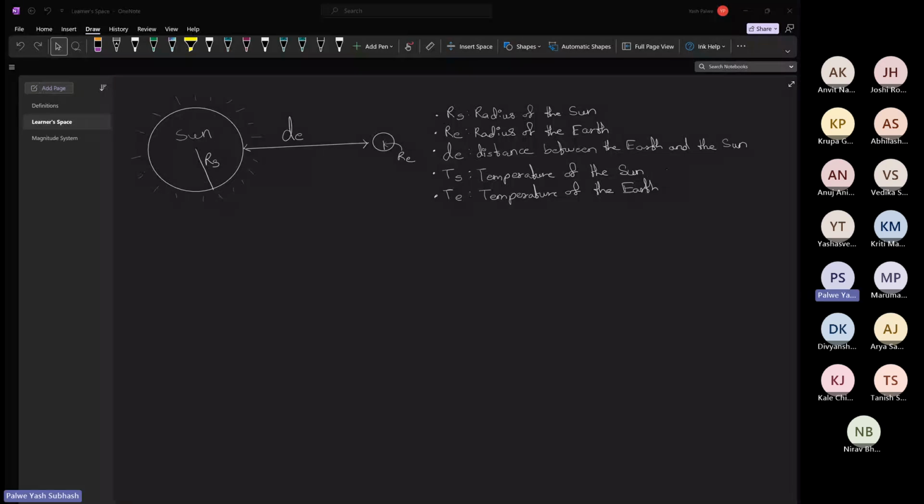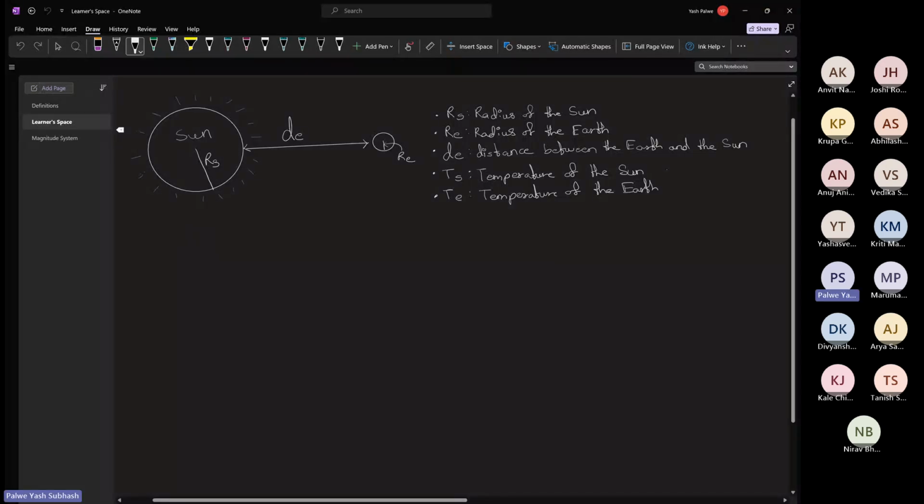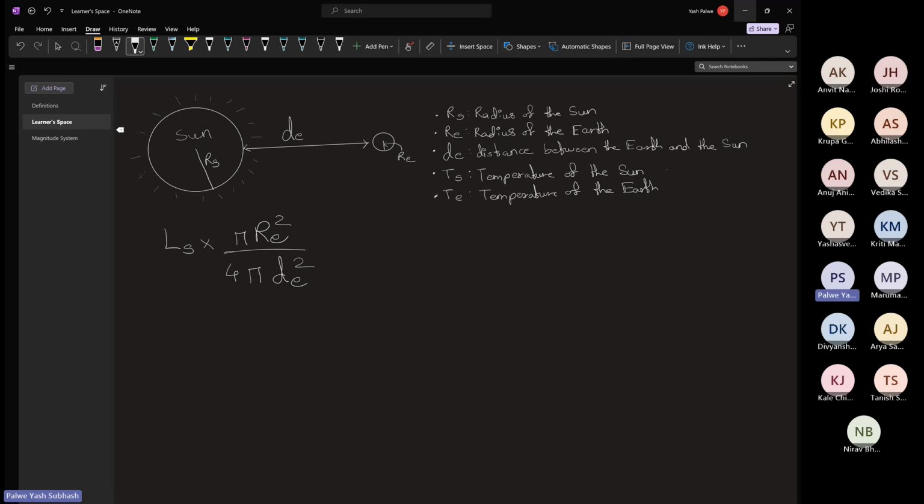So to find out the heat absorbed by the Earth from the Sun, what we do is, as we saw earlier, L_s upon 4 pi d squared is just the flux, and you multiply it with pi r_e squared, not 4 pi r_e squared, because pi r squared is the projection of that area, which will absorb the energy. Now, this is the luminosity of Earth.